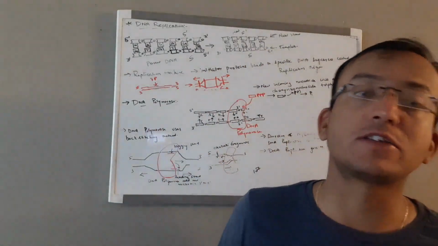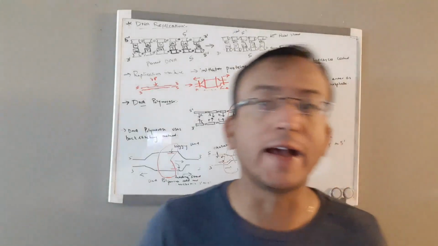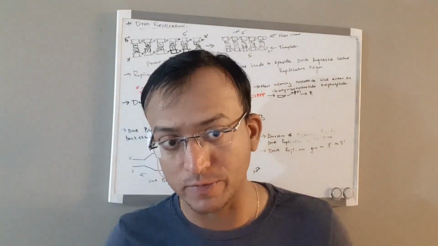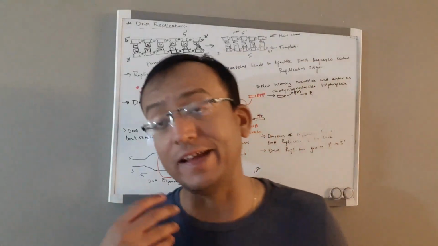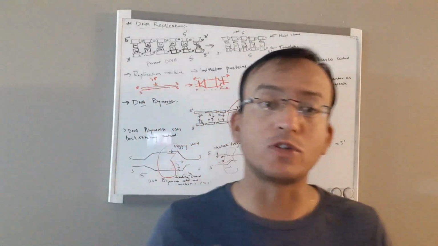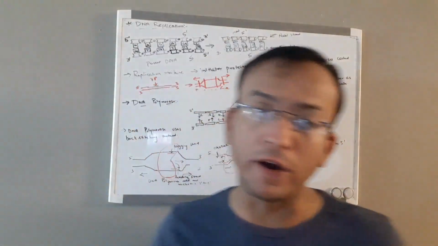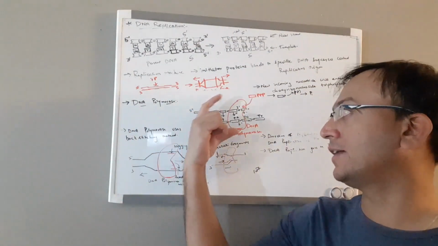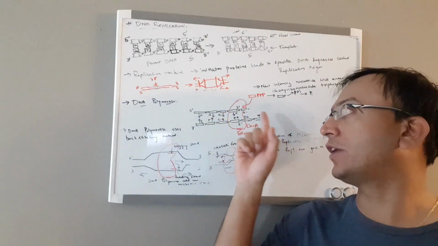This disaster is avoided because DNA polymerase has two special qualities that greatly increase the accuracy of DNA replication. First, the enzyme carefully monitors the base pairing while it is making the new DNA strand.